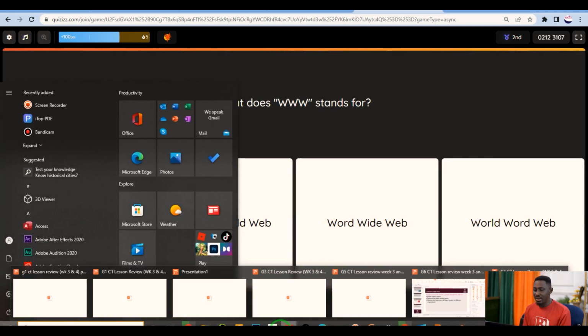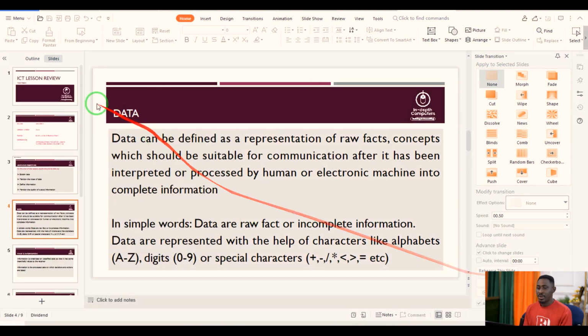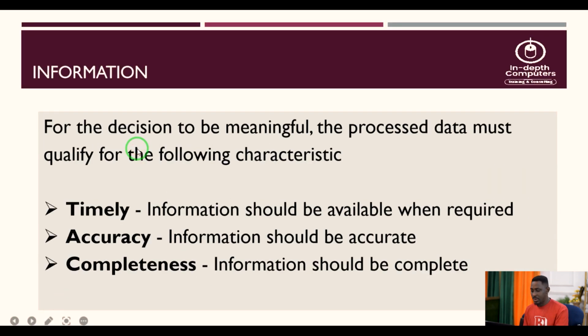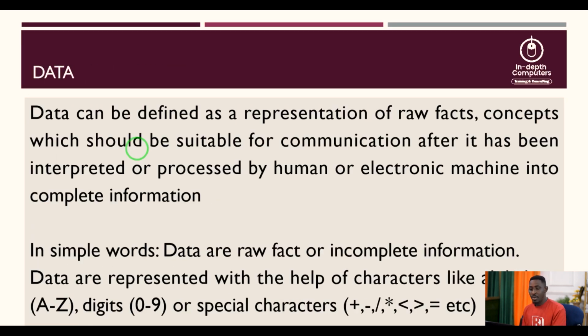Now we're talking about data and information. So, what is data? Data can be defined as a representation of raw facts and concepts which should be suitable for communication after it has been interpreted or processed by a human or electronic machine into complete information.